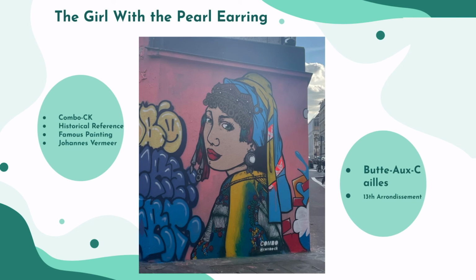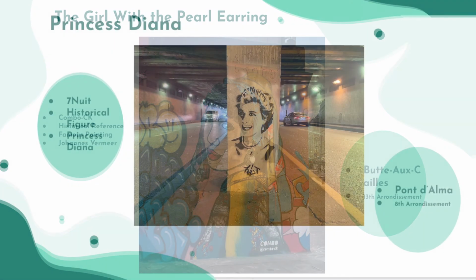Now Combo CK created this to celebrate different cultures and to show people that different cultures were beautiful in the same way that this painting is considered to be one of the most beautiful in the world. And so this is an obvious use of strategy number 2 with an extreme cultural reference.